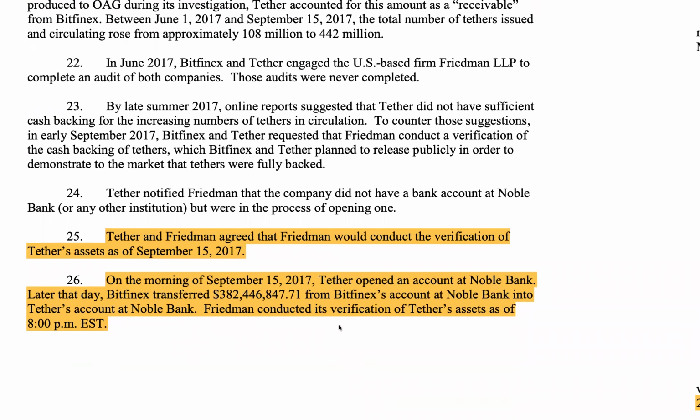Tether and an auditor agreed that an auditor would conduct verification of Tether's assets as of September 15th. On the day of the audit, Tether opened an account at Noble Bank, and that day, Bitfinex transferred the $382 million to Tether's account, and then the auditor did the audit.